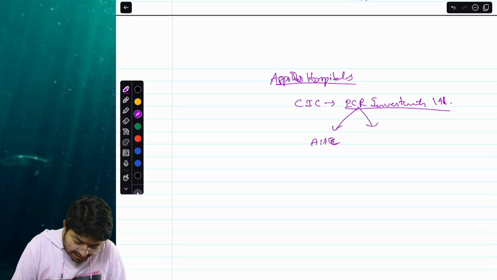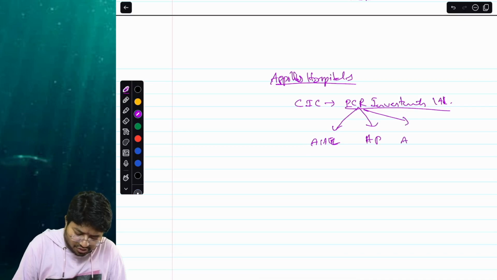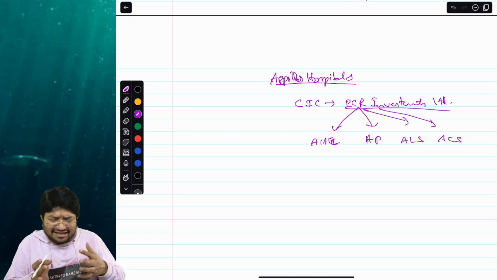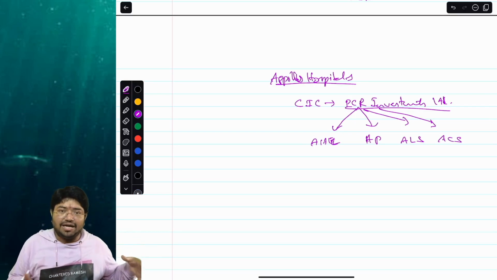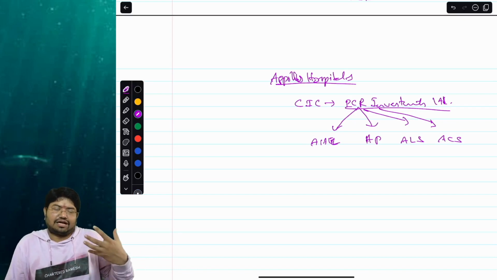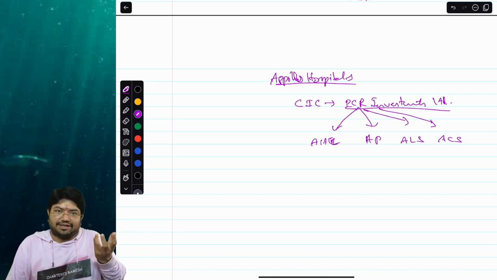They have some other entities like Apollo pharmacy. Then you have something Apollo Life Sciences, Apollo Cancer Specialty. Like this, there are varieties of hospitals which are built under one umbrella. Under one umbrella, that is the core investment company.